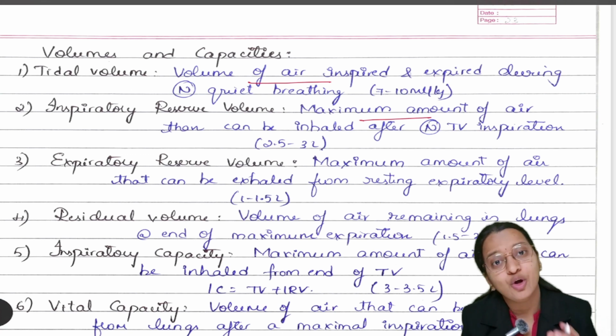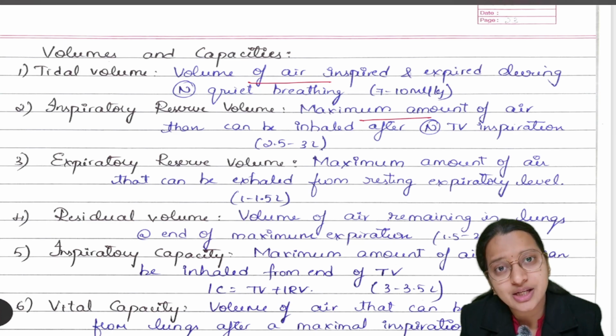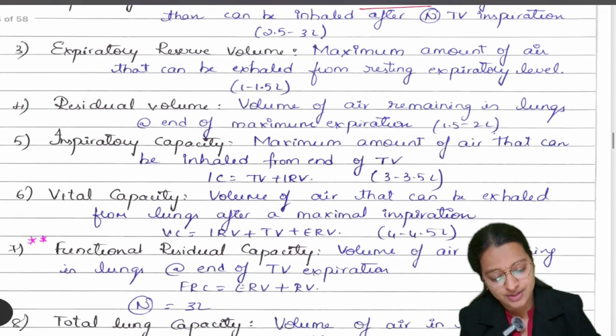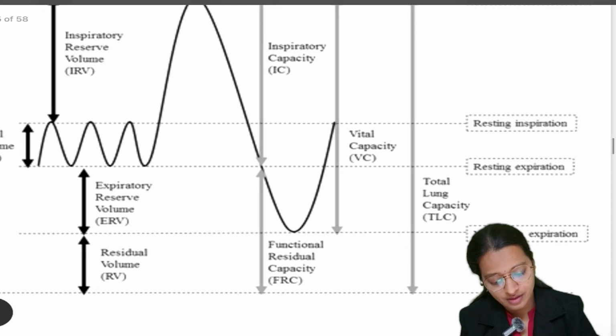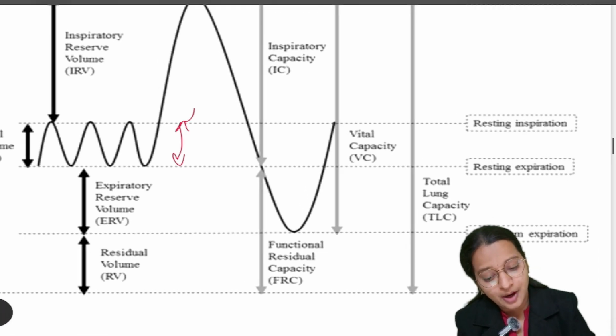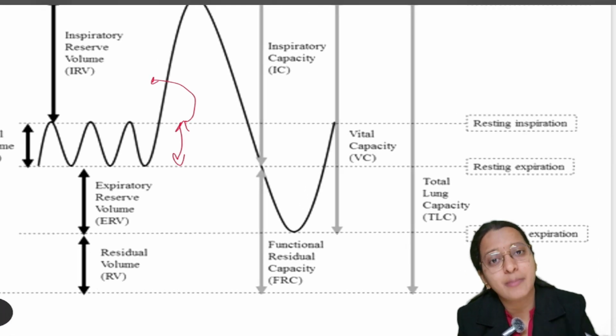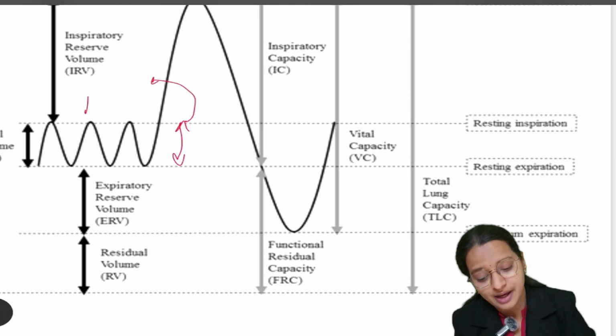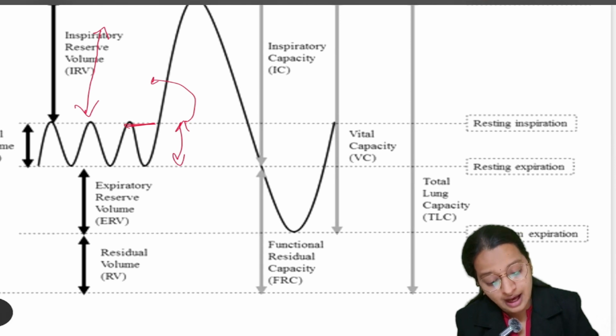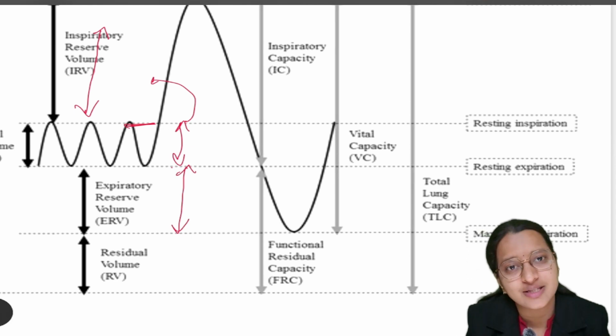The volume expired after normal tidal volume expiration is expiratory reserve volume. See. So this is the normal tidal volume. Above that, the maximum amount the patient can inspire after this tidal volume is inspiratory reserve volume. After the tidal volume expiration, the maximum amount he can expire or exhale is expiratory reserve volume.